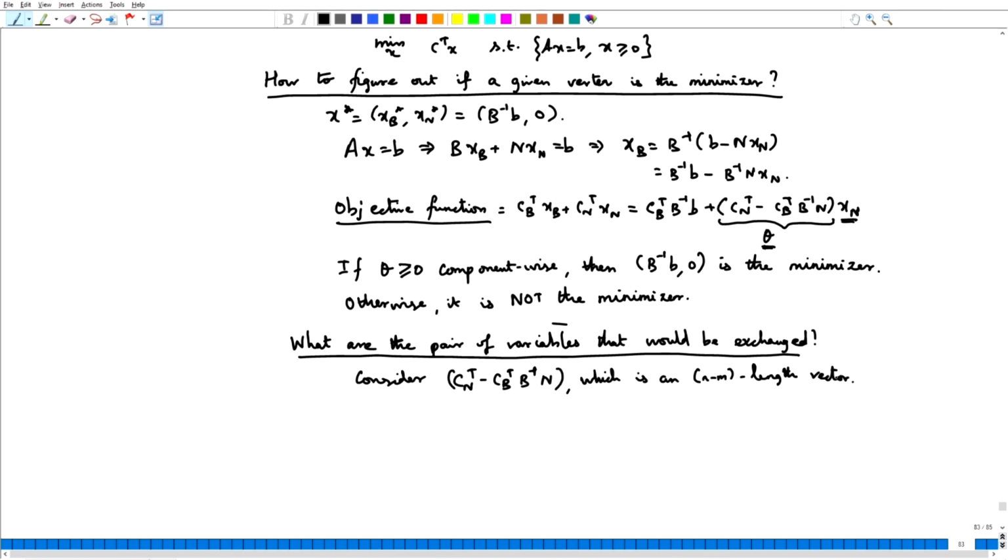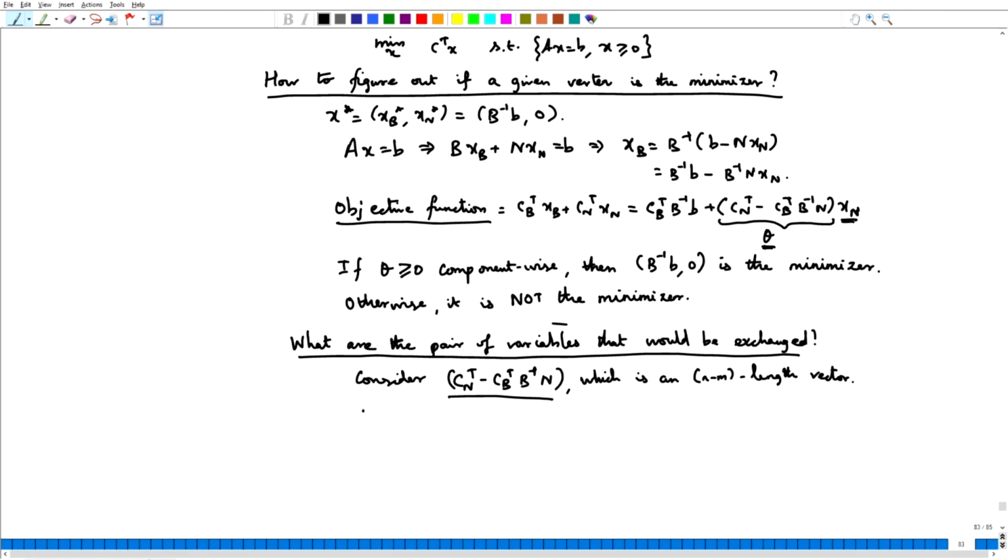These actually correspond to the n minus m non-basic variables. The one that I am going to take out of the non-basic variables is the variable that corresponds to the minimum of Cn transpose minus Cb transpose B inverse n, okay.